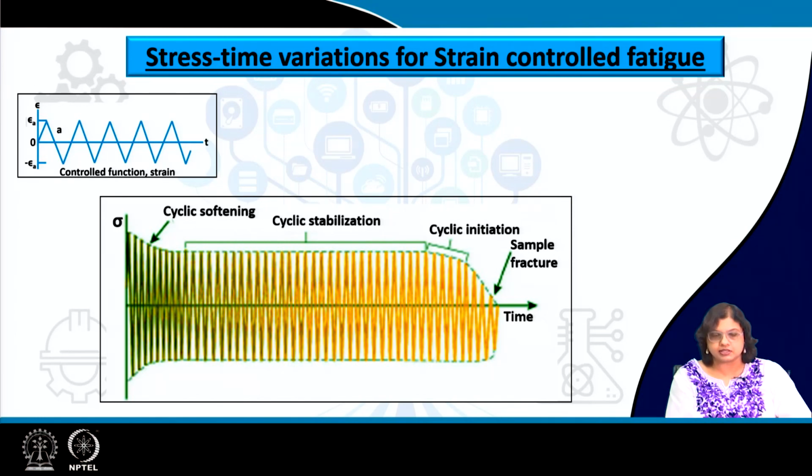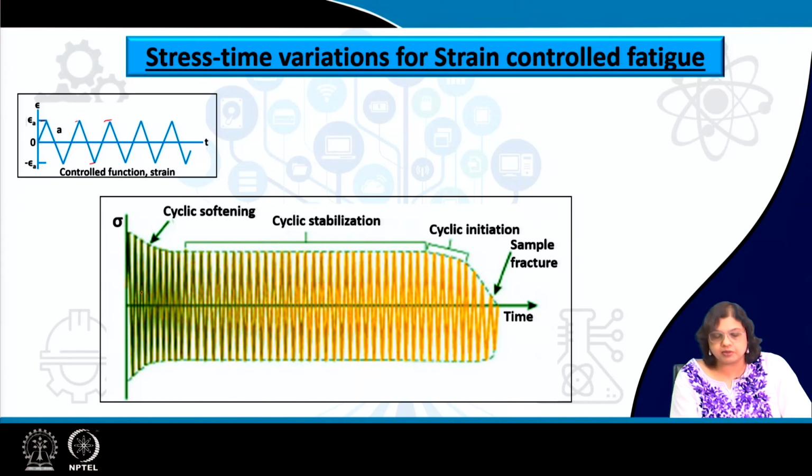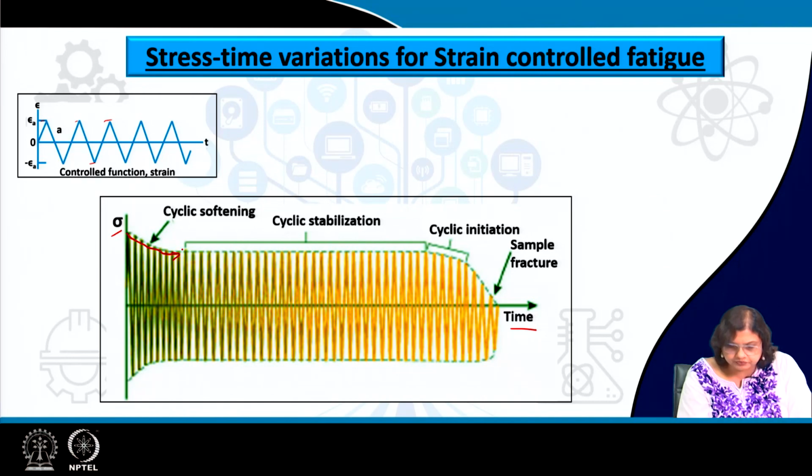Rather, if we are controlling the strain versus time here, we are applying the same values of strain at every cycle, and in this particular example we are seeing some cyclic softening because we are talking about the stress versus time response now, and we can see that there is a reduction in the stress output level, both in the tension and the compression side.